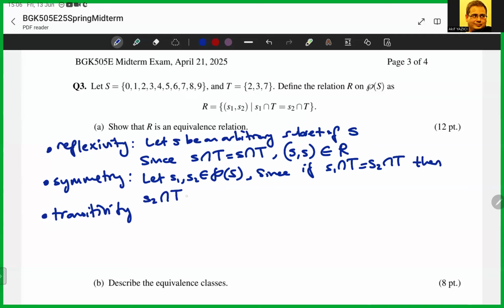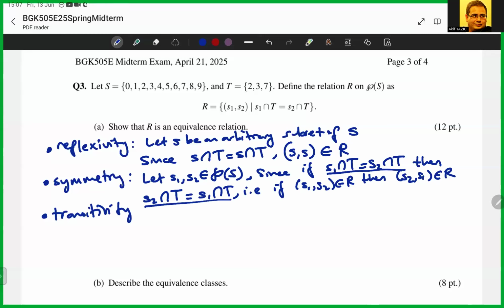S2 intersection T is equal to S1 intersection T, meaning that if (S1, S2) is in R, then by definition, (S2, S1) must also be in R. If this is satisfied, this is obviously also satisfied, and so on. So symmetry is also shown.